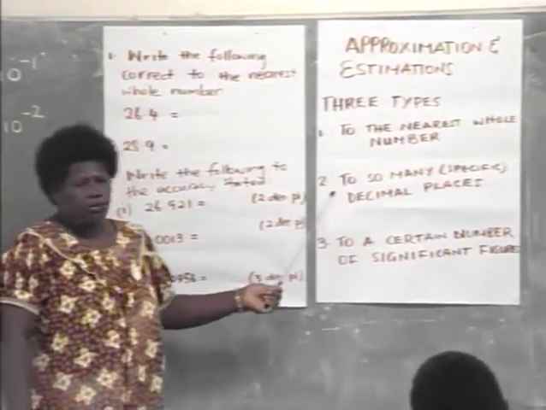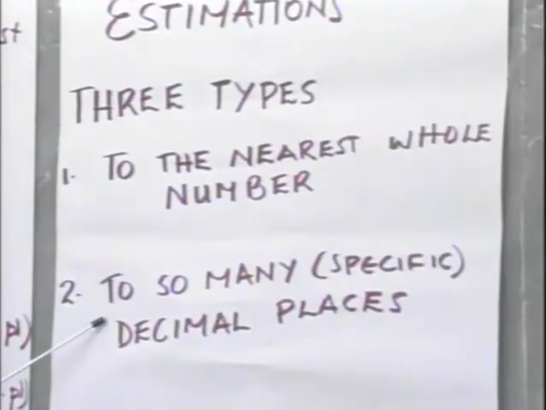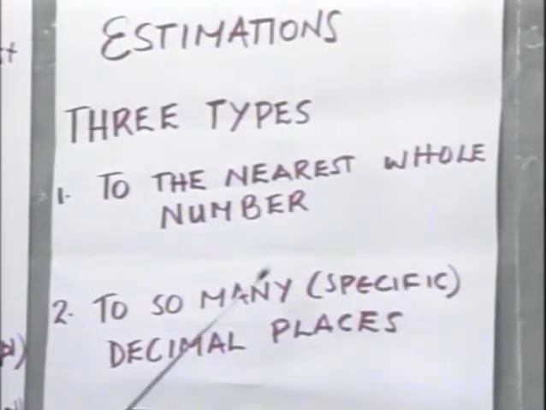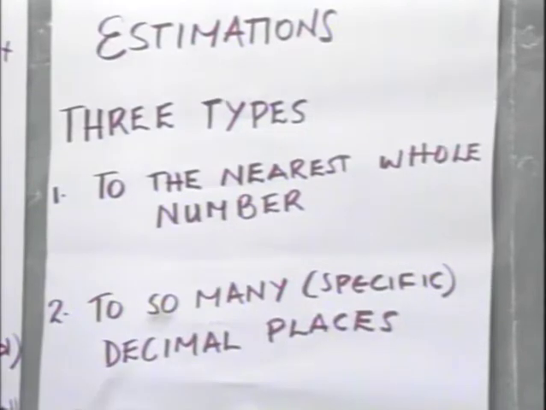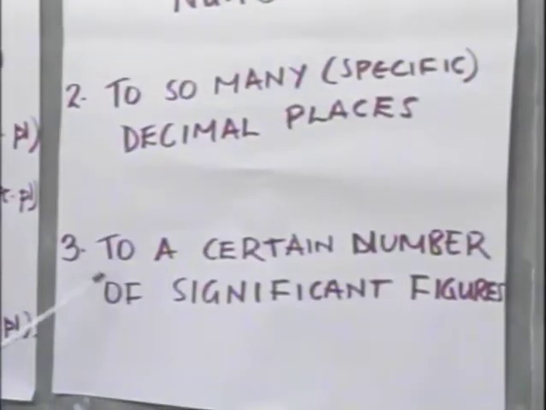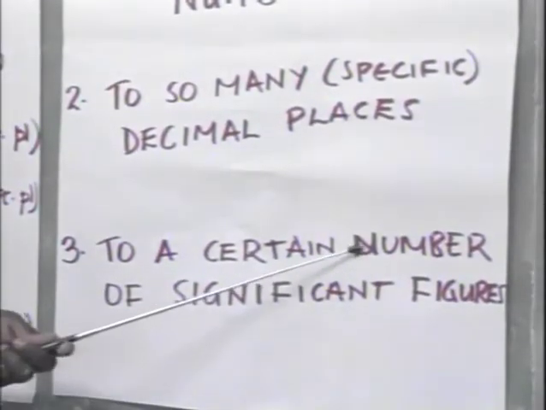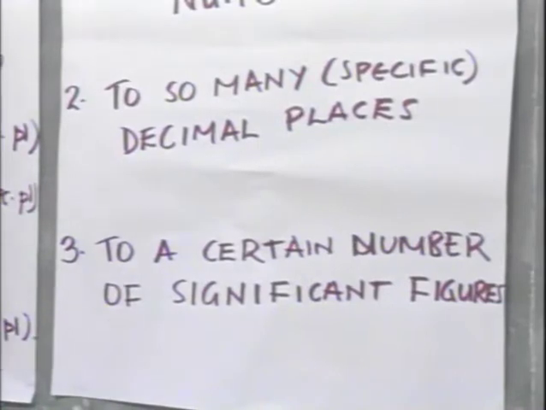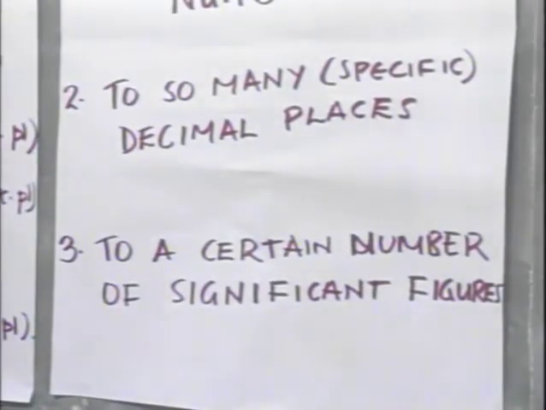Number two, to estimate a number to so many decimal places, and you have to specify the number of decimal places. And then number three, to estimate a number to a certain number of significant figures.